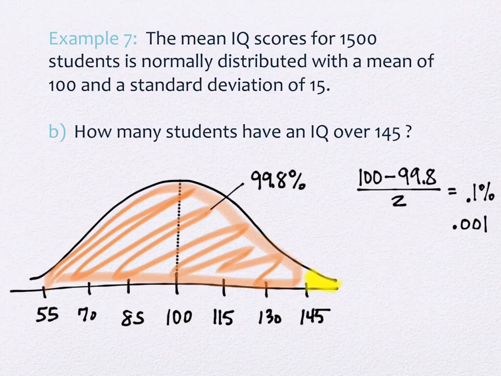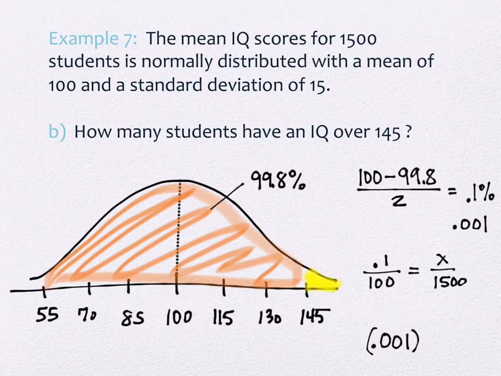So in terms of setting this up, you can either do 0.1 out of 100 and write it in percent form, and that's x over 1,500. Or you can do 0.001 as a decimal times 1,500. No matter which one you do, what do you get? 1.5.